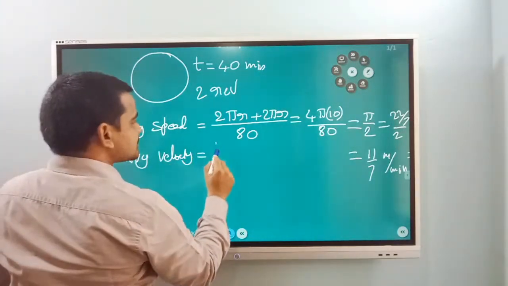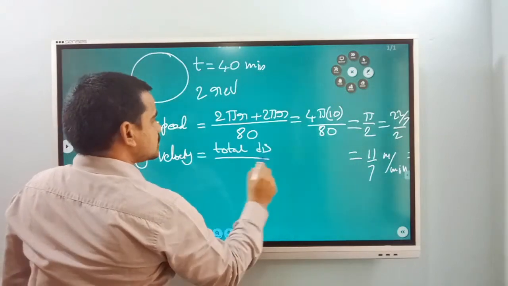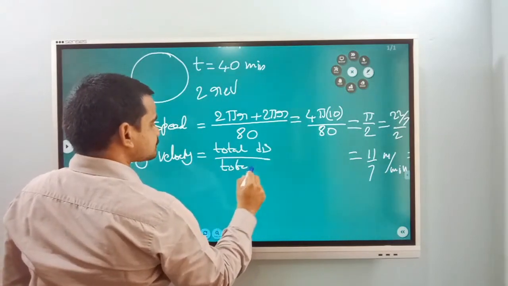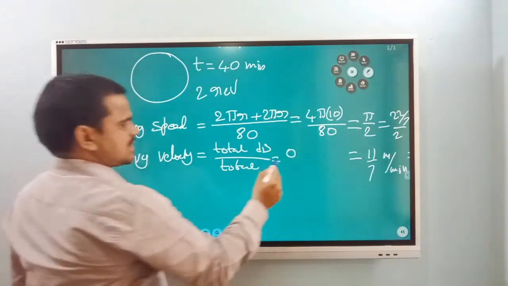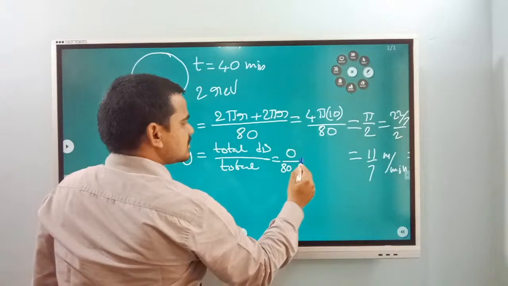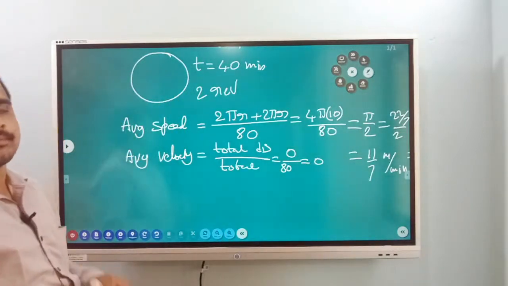So average velocity is total displacement by total time. Total displacement is 0, and the total time is 80 minutes, so the answer is 0. Average velocity becomes 0. Got it?